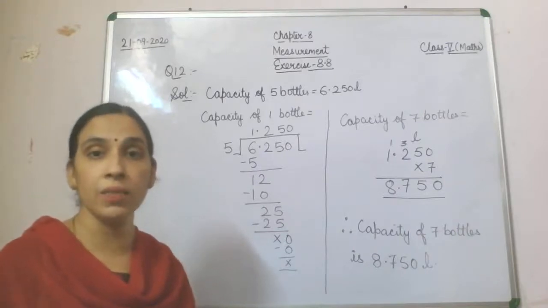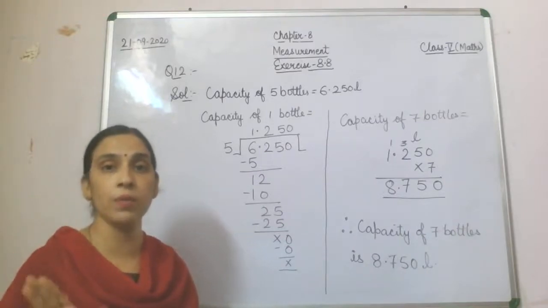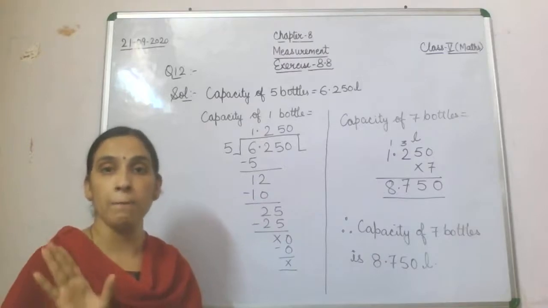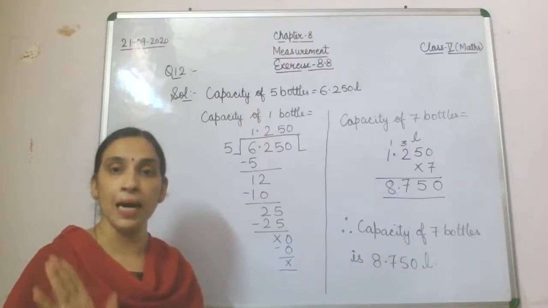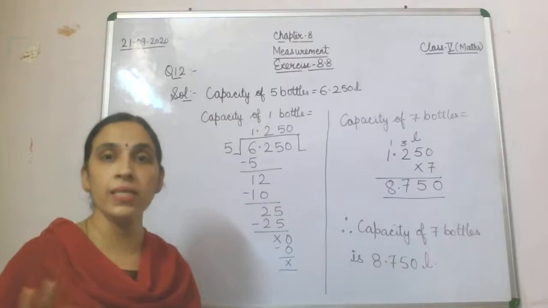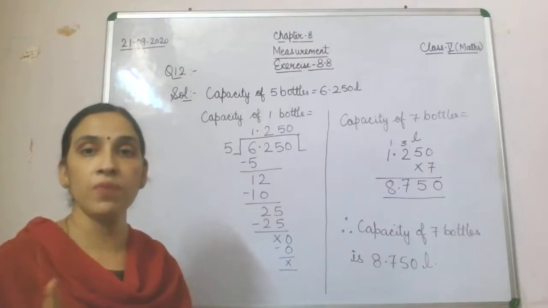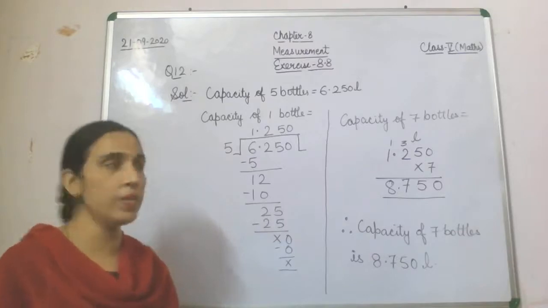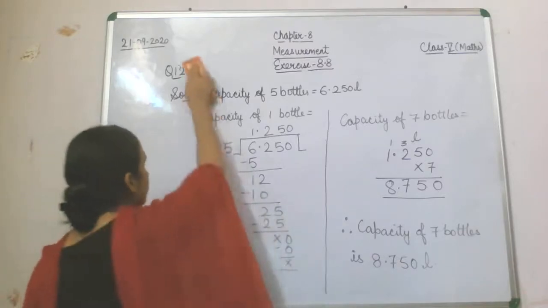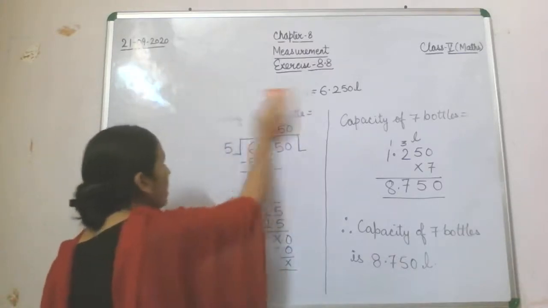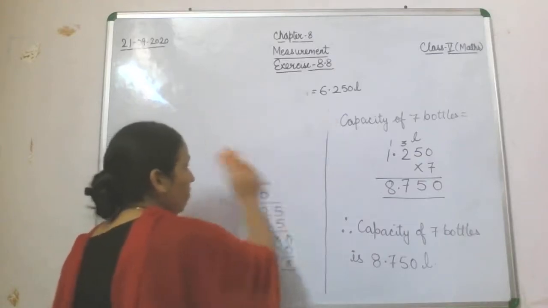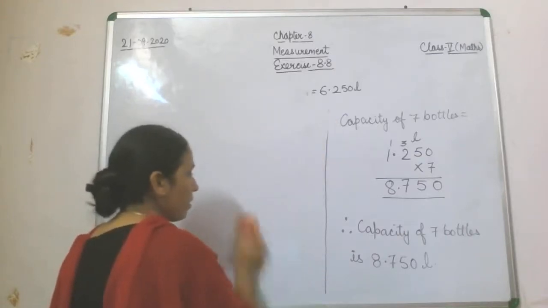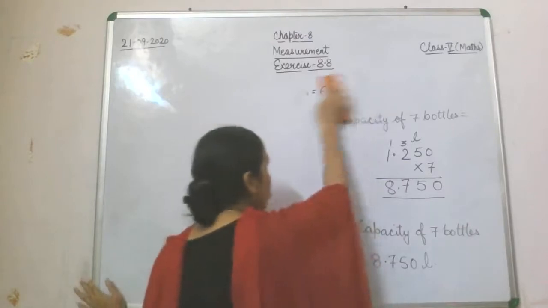So in this chapter you have completed the measurement of length, mass or weight, and capacity. All these 3 concepts we have completed in this measurement chapter. And here we have utilized the concept of division also.